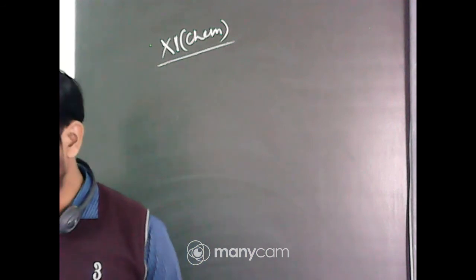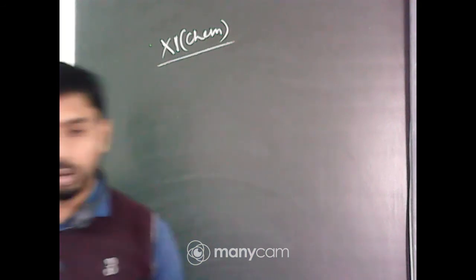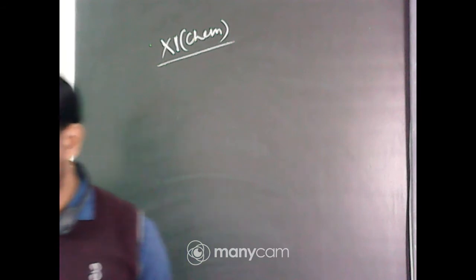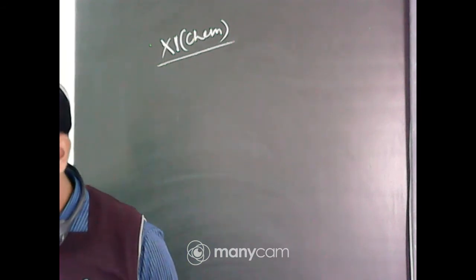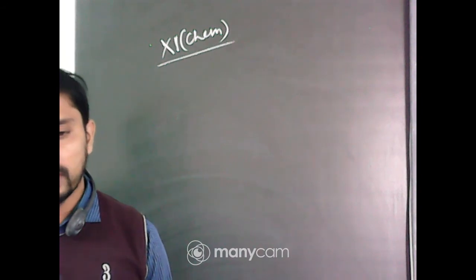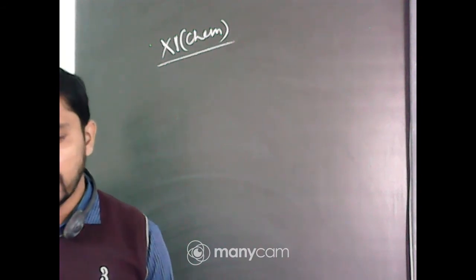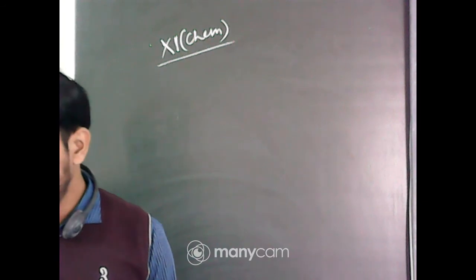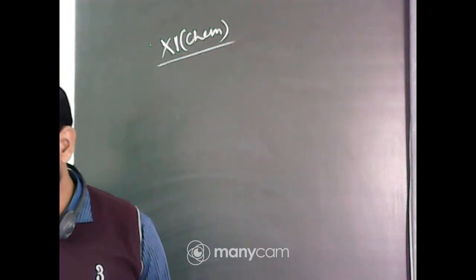Next question: which of the following is a Lewis acid? Aluminium chloride, magnesium chloride, calcium chloride, barium chloride. Very easy answer, that is aluminium chloride. Which of the following oxides is acidic in nature?